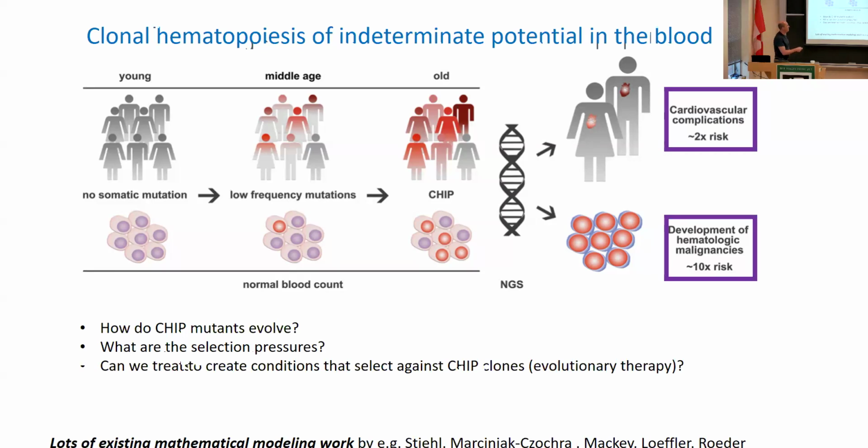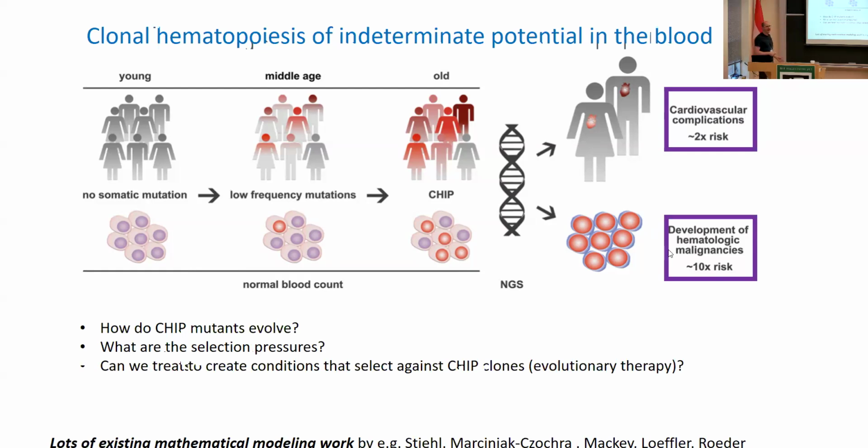That's a relatively small risk. In a greater proportion, the majority of these patients, they have cardiovascular complications or metabolic complications from the presence of these mutants, because these mutants can cause inflammation and they can cause chronic health issues. So even in the absence of cancer, these mutants are a problem that needs to be dealt with medically, but they also provide a basis, obviously, for carcinogenesis to proceed.